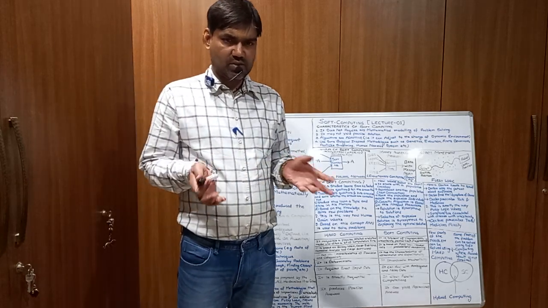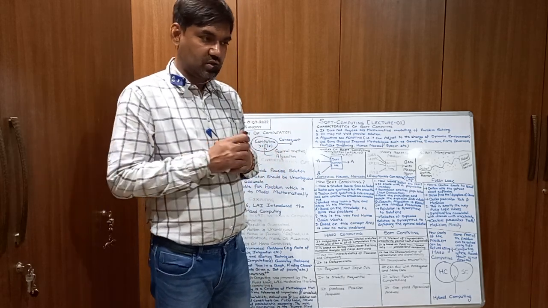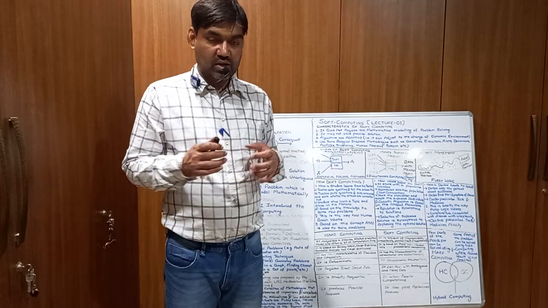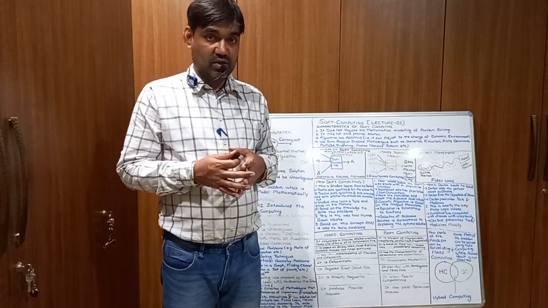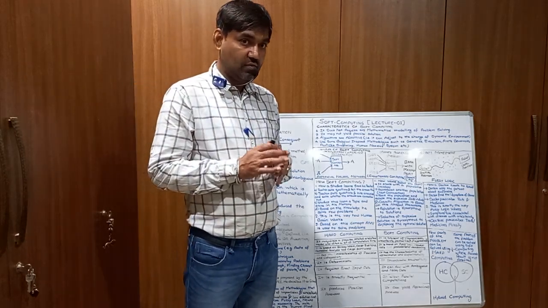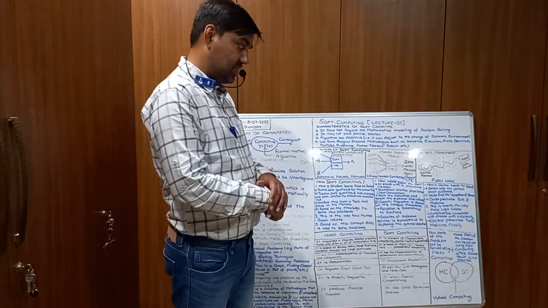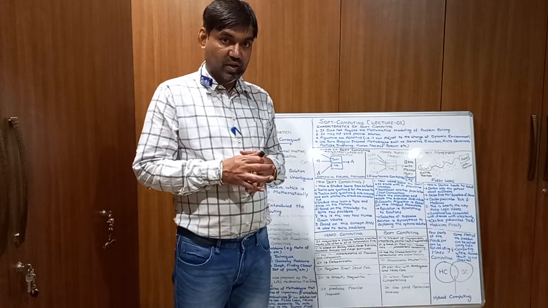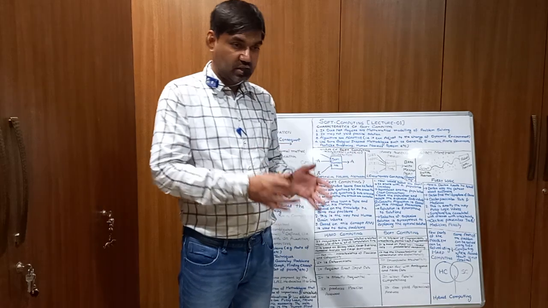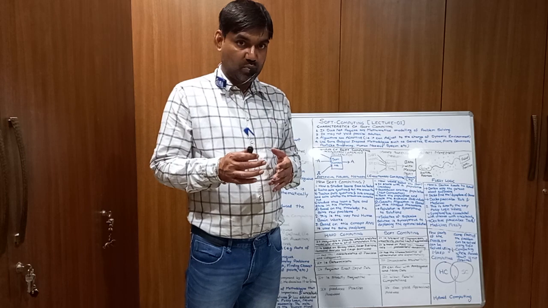Random population means whatever is available to us, that is what we concentrate on. Whatever random population we have, we go for reproduction, and then after reproduction we rank the population and select the superior individuals, so that we can get the best population.